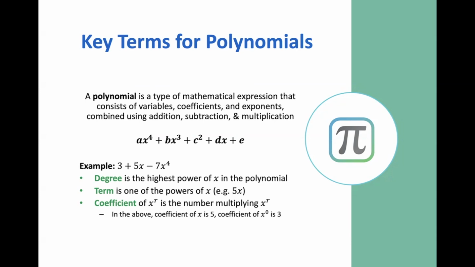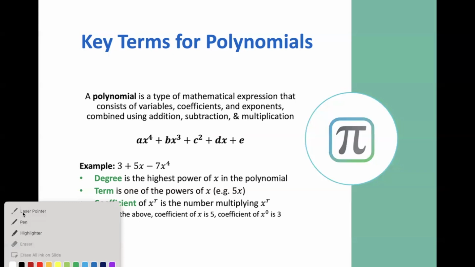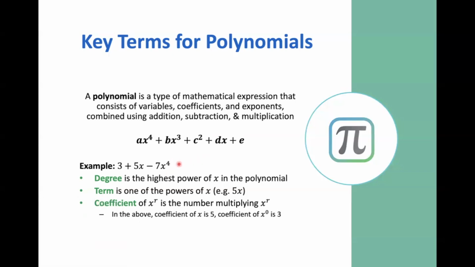So in our example above, the degree would be 4 because we've got x to the power of 4. The term is one of the powers of x. So 5x is one of the terms. This example here, there are 3 terms. In the generic example above, we have 5.